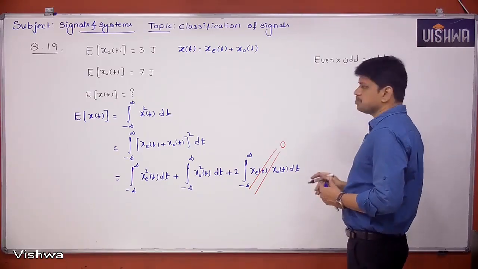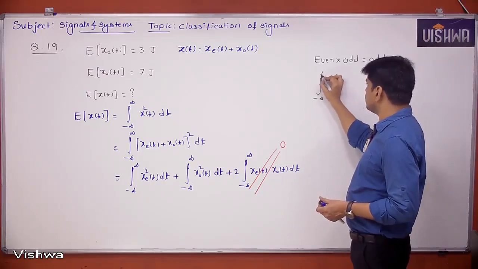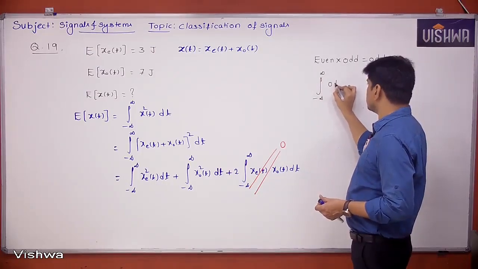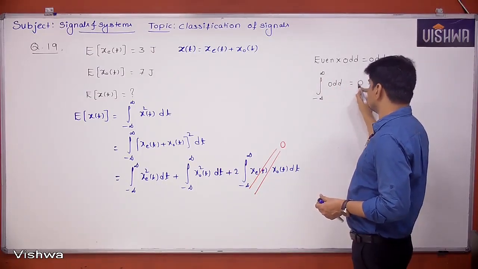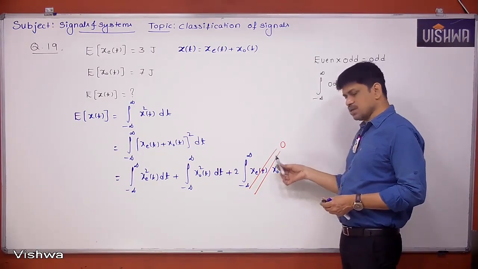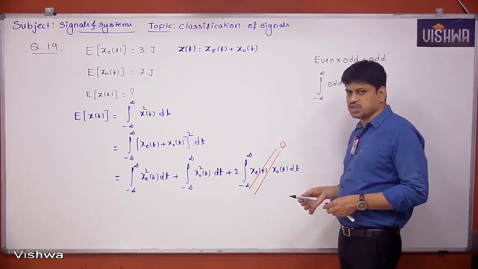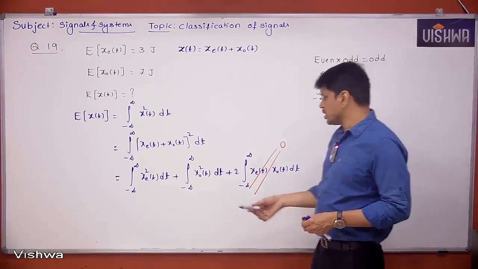We know this. And the integration from minus infinity to infinity of an odd signal is 0. On that basis, even signal multiplied with odd signal gives an odd signal, and the integration over symmetrical limits is 0. So finally, we are going to get this expression.